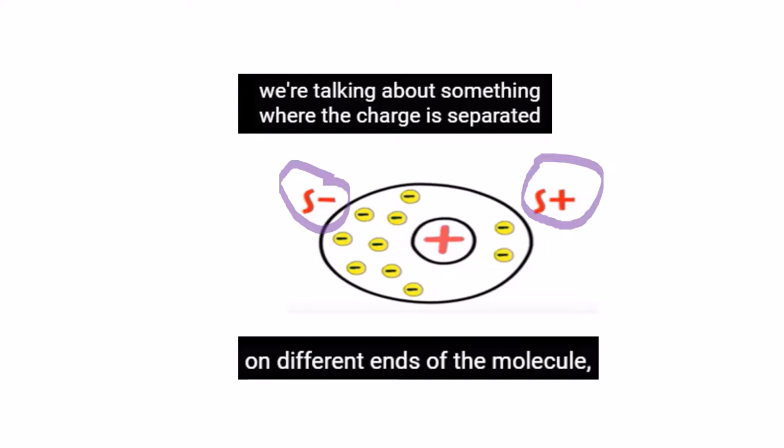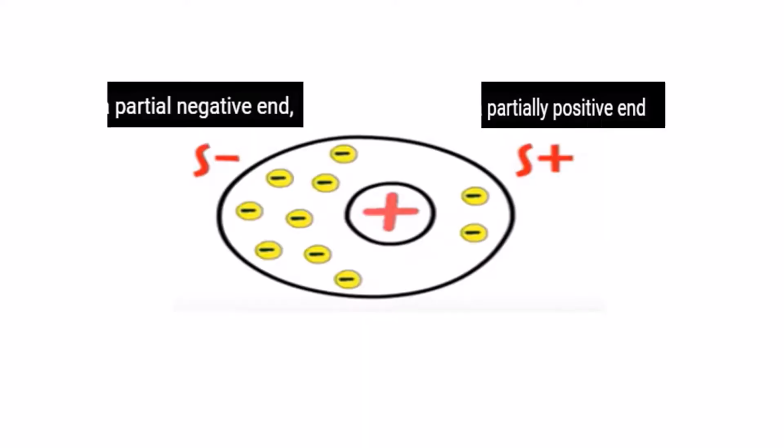There is a separation between their charges on one particular molecule. There are more electrons found on the partially negative end, whereas there are fewer electrons found on the partially positive end, because we know that electrons have negative charges.